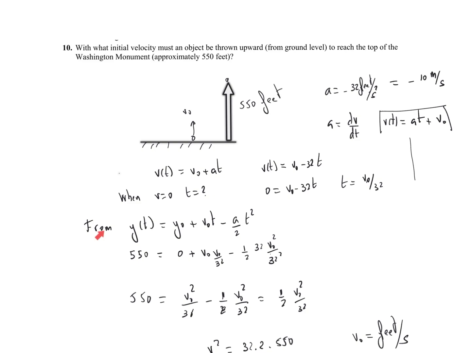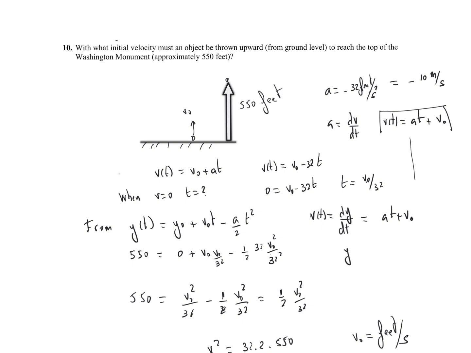So from the equation y of t equals y0 plus v0t plus a divided by 2 times t squared, this equation comes from the fact that v of t is the derivative of y with respect to t. So we wonder who is y of t whose derivative is a times t plus v0.